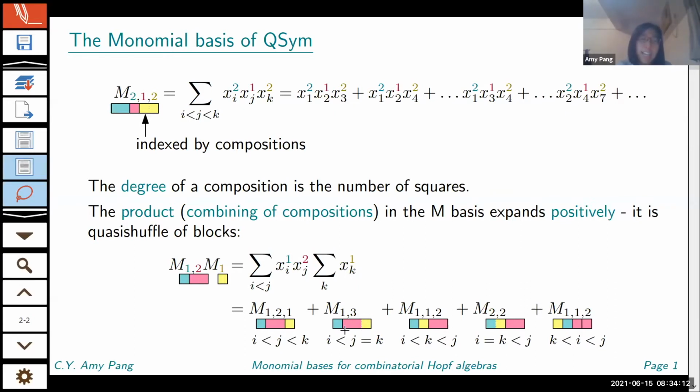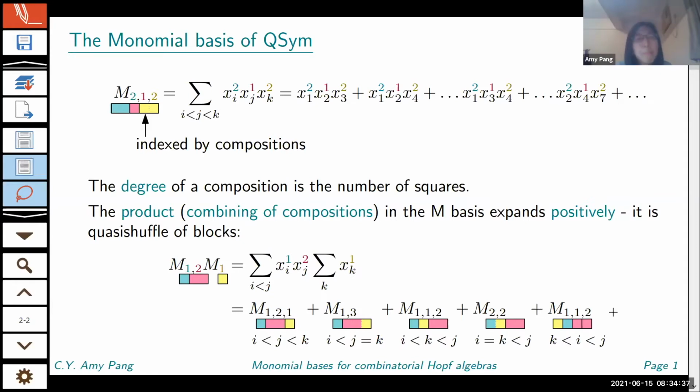And that's why this gives you a block of size 3. Or you can put k in between i and j, and then this yellow block will go in between the green and the red. And if k is equal to i, then the green and yellow will merge, and that's why these are the 5 possibilities that happen.